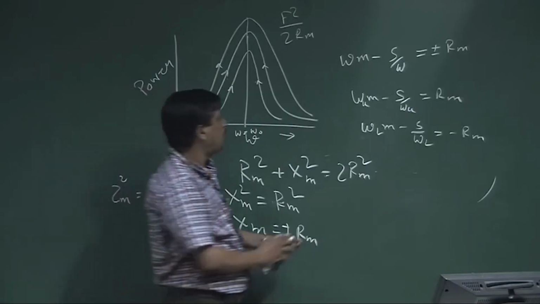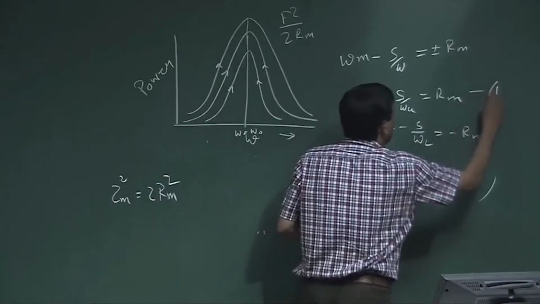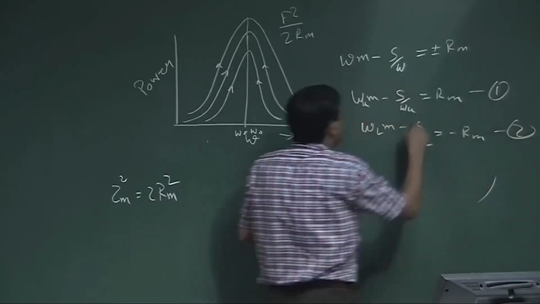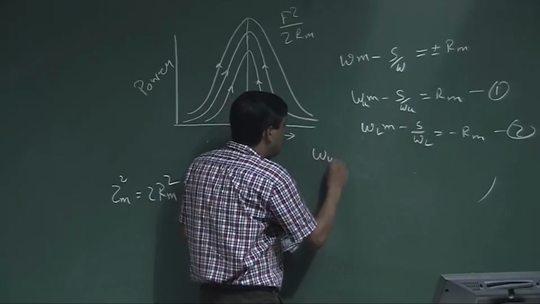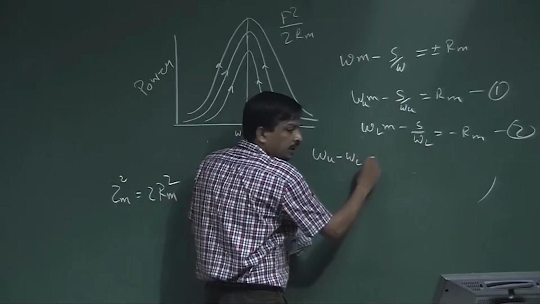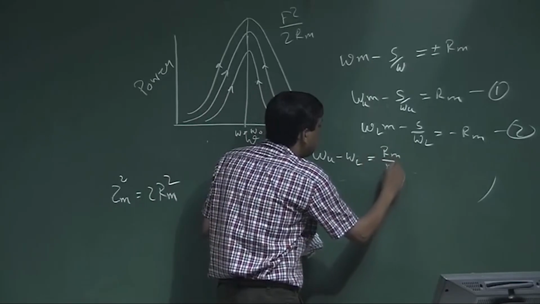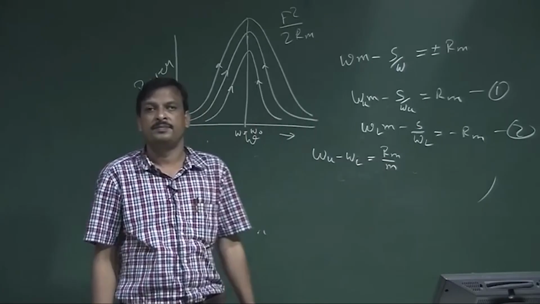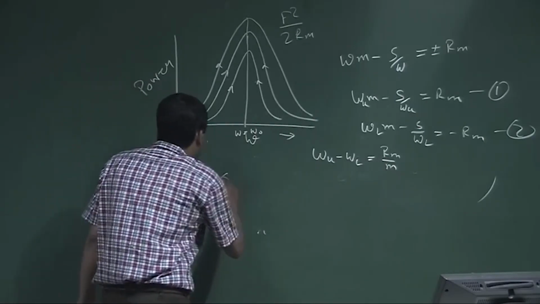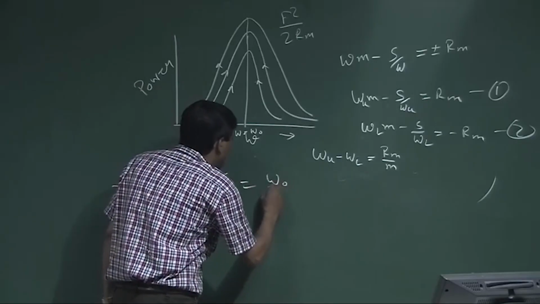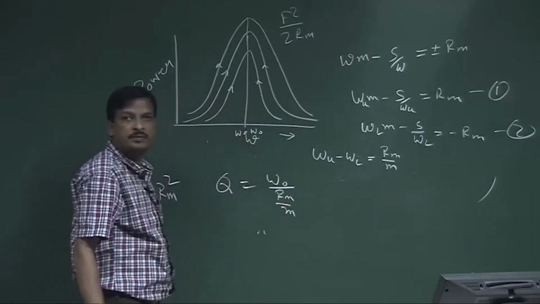Okay. Now, if I substitute these two equations, equation number 1 and equation number 2, and eliminate S, I get omega u minus omega l is equal to Rm by m. Then quality factor is omega 0 divided by Rm by m.